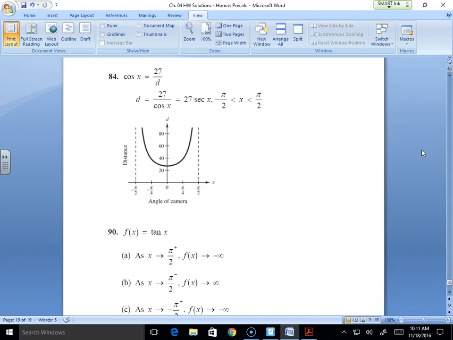Question. Can we, in our calculator, make the calculator only graph this over here to here? What do we use to have the calculator only graph a piece? We use the inequalities. Or we can use AND. Yeah, the and and or stuff, the booleans. Do you guys remember how to put that in your calculator? You put in your function, which would be 27 over cosine. What do you have to put before you divide?